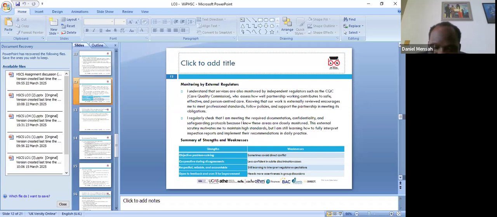Inspection reports, normally by the CQC, always have a clearly defined inspection audit of an organization or a care home or a supported living facility. In this, they look at how well you are organized in terms of your paperwork, your documentation, your data breaches, if you are following GDPR policies very well, and if you have confidentiality and your safeguarding policies intact and all that.